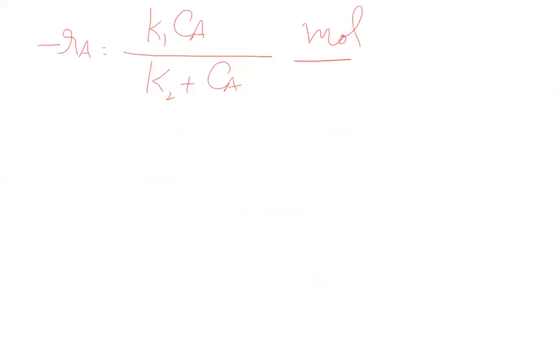So suppose if I have minus RA equal to K1 CA by K2 plus CA. This is mole per liter minute. Let's say root CA. What is the units of K1 and K2 here? Let's assume that CA square here. Write K1 K2 units.